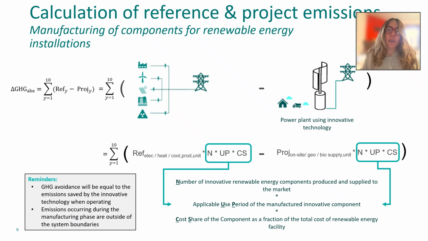So for the calculations, the forecasted energy used in both scenarios should be reported on a unitary basis, or in other words, per unit of component being produced. This will allow you to multiply this specific energy consumption by the number of components produced each year, by the applicable use period of the component, which shall not exceed 5 years, and also by the cost of the manufactured component as a fraction of the total capital cost of the relevant facility.